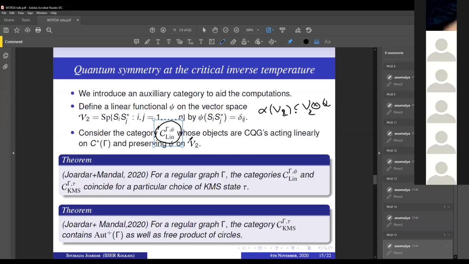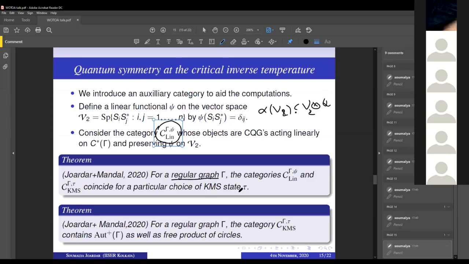And now you consider the category denoted by C gamma psi linear, whose objects are CQJs acting linearly on the graph system and preserving psi on V2. That is the category. That is a restrictive category. But it turns out that for a regular graph, this is a particular choice of graph, but a fairly large class of graphs, regular graphs, these two categories, C tau psi lin and the original category that we introduced, that we are interested in, coincide for a particular choice of KMS state tau.